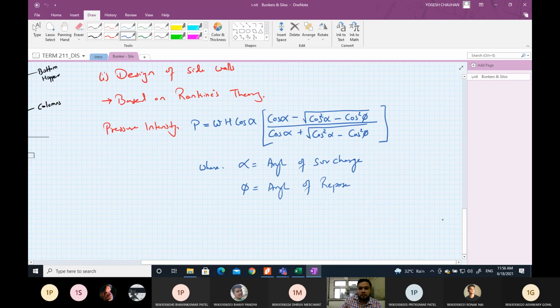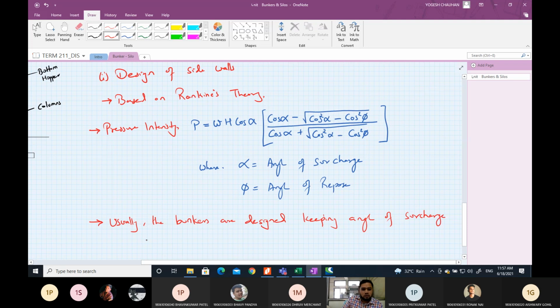Now usually the bunkers are designed keeping angle of surcharge equal to angle of repose.